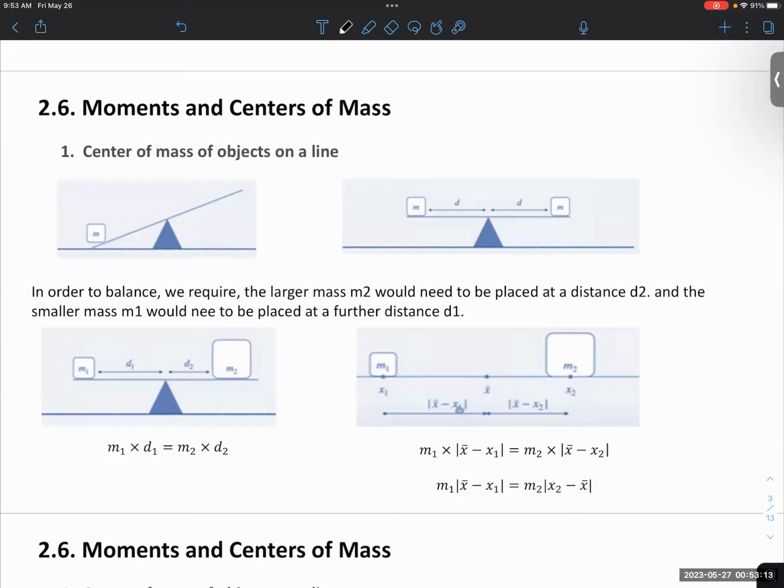If you remember, when you were young, you may have played on a seesaw. In this image, we have a very general idea. If you are heavy, you're supposed to go down, and if you're light, you're supposed to go up.